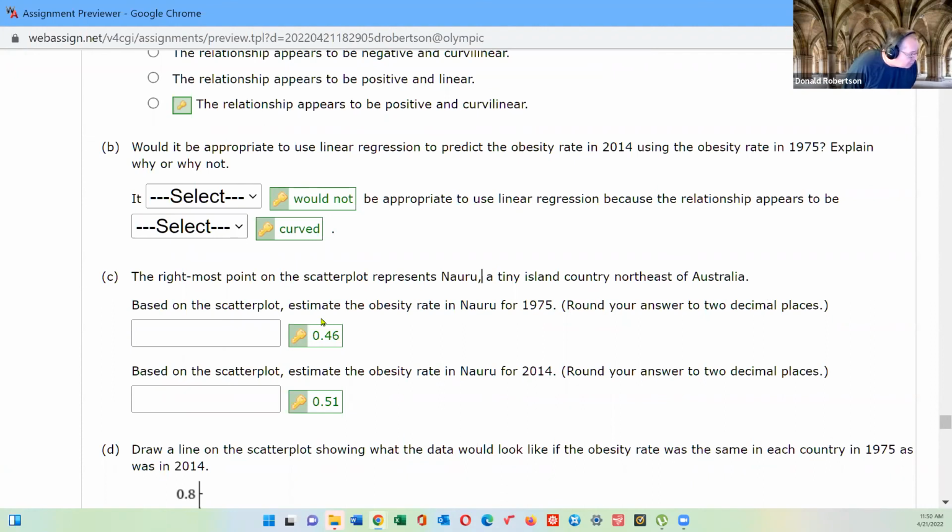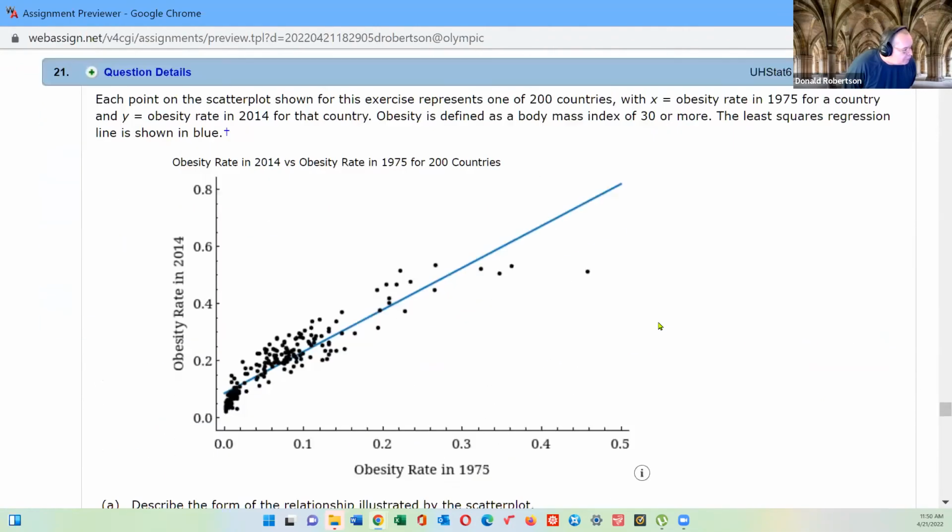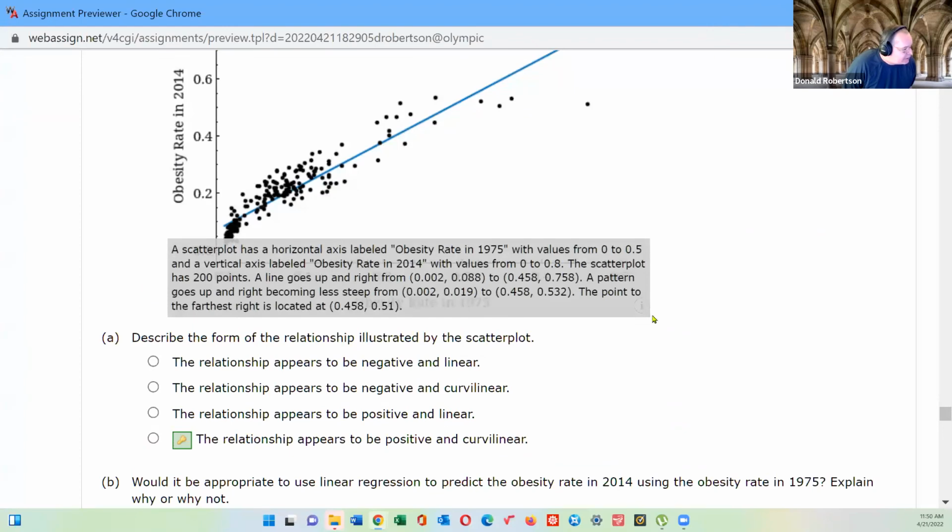Based on the scatter plot, estimate the obesity rate in these two, right? The 75 and 2014. Someone told me a little click. If you click on the eye guy, can I do that? Oh, here we go. And can you see the two numbers that you need?